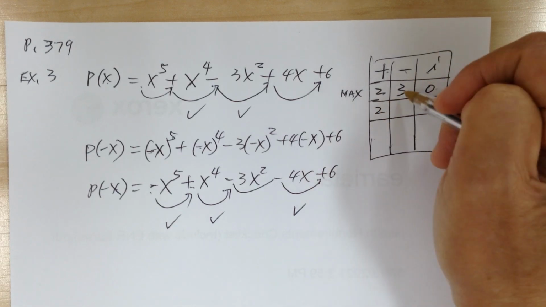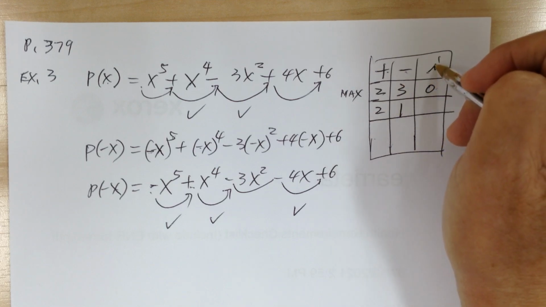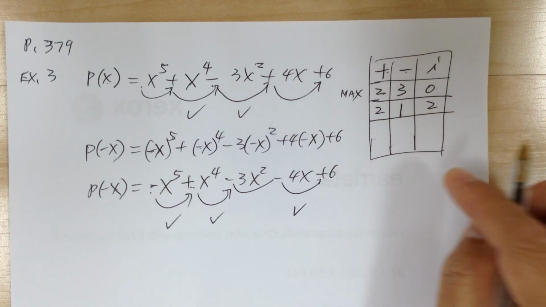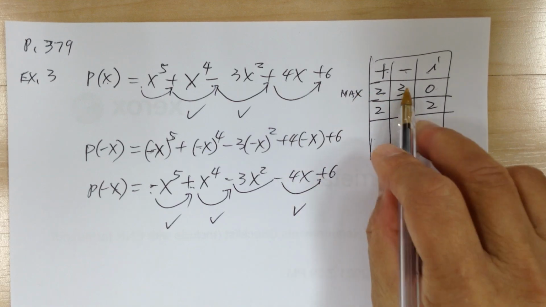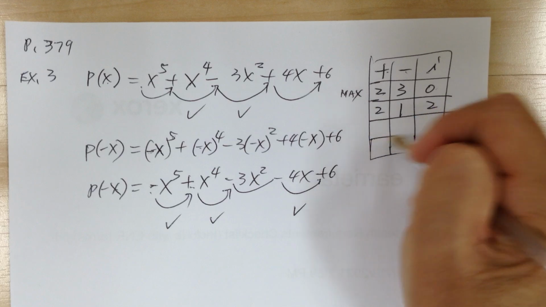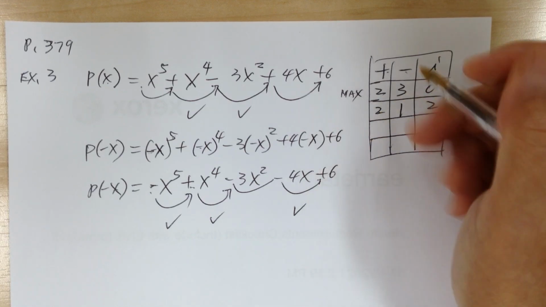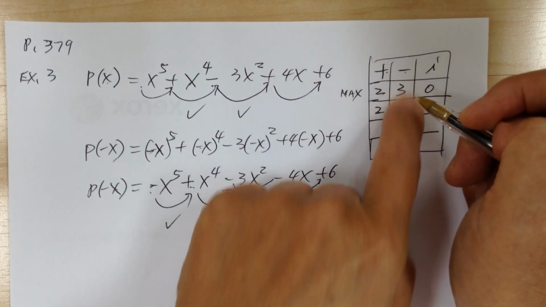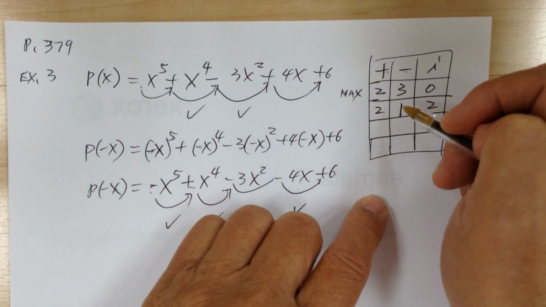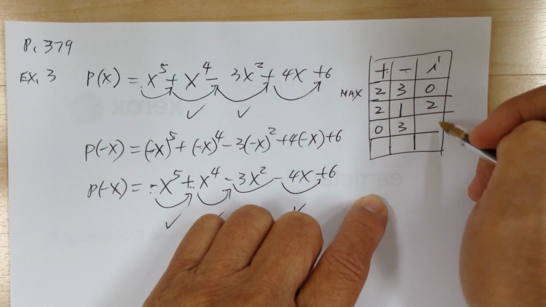So if you exchange 2 of the negative answers into conjugates, you're going to get 2, 1, 2. Again, this is your maximum, so you cannot go up from this, but you can go down. So that's one possibility. Another possibility is when you go down from here. So instead of going down on the negative, you go down on the positive. So you're going to get 0, 3, 2.